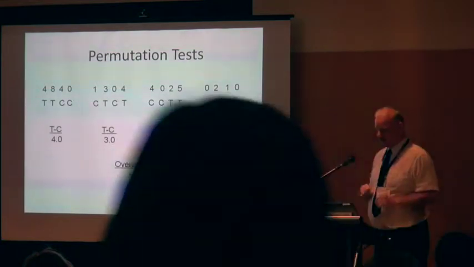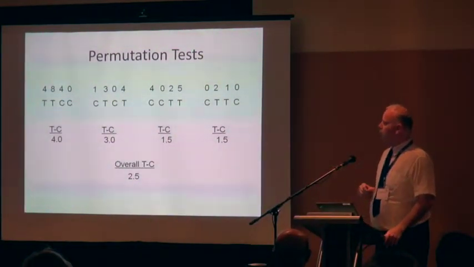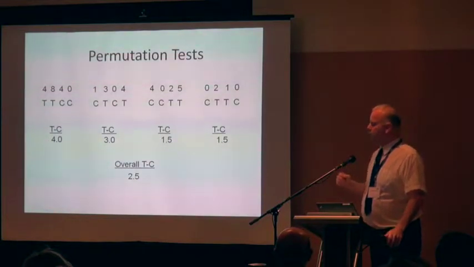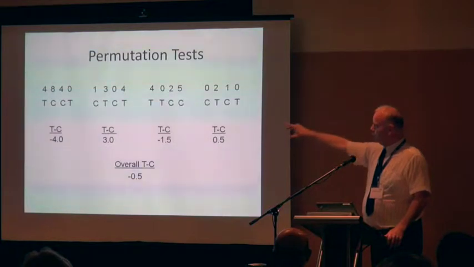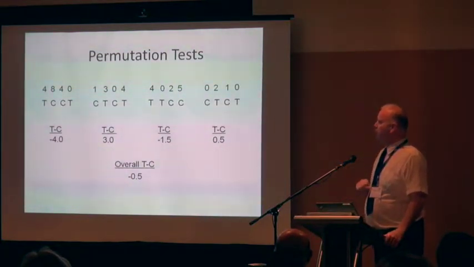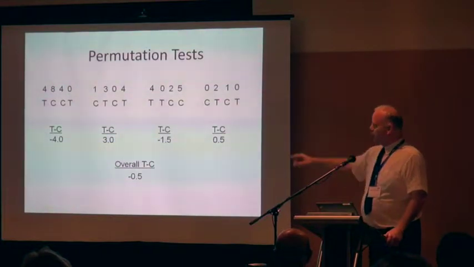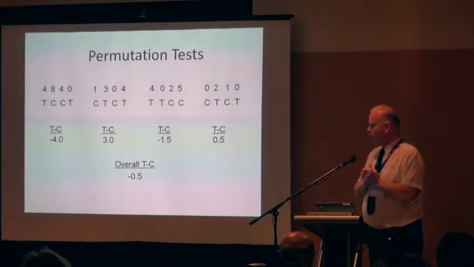which is 2.5. To get the permutation distribution, you're going to use the same method of randomization. So we're just going to scramble the treatment and control labels within each of those blocks. Each time you scramble them, I just change the labels, that changes the treatment minus control difference in each block, and of course that also changes the overall treatment minus control difference.